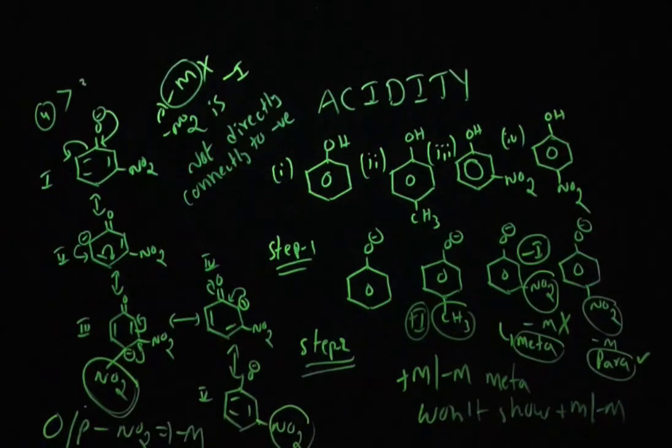So the fourth one is greater than the third. Then between first and second there is a plus I group, and the plus I group will destabilize. So the second one will be last and the first one will be third. That's it. The overall stability order will be 4 is greater than 3 is greater than 1 is greater than 2.